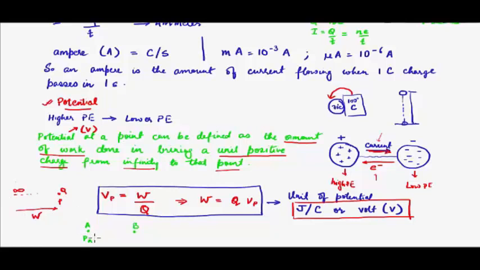That will give me PA, potential at A. Similarly, this point will have potential B defined by PB, let's say. Then potential difference, or PD in short, between B and A is PB minus PA. So the potential difference between B point and A point is PB minus PA.